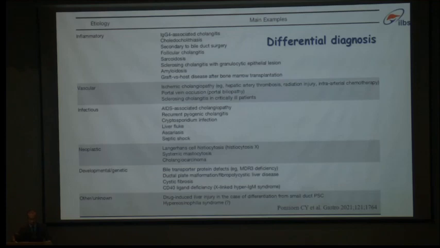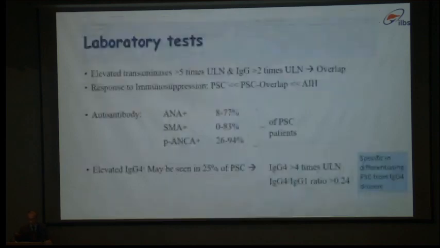Infectious causes like AIDS cholangiopathy, ascariasis, liver fluke. Neoplastic: Langerhans cell histiocytosis in children or cholangiocarcinoma in adults. Genetic causes like MDR3, developmental causes like ductal plate malformation, immunodeficiencies like hyper-IgM syndrome, and rarely drugs can also cause a similar picture.